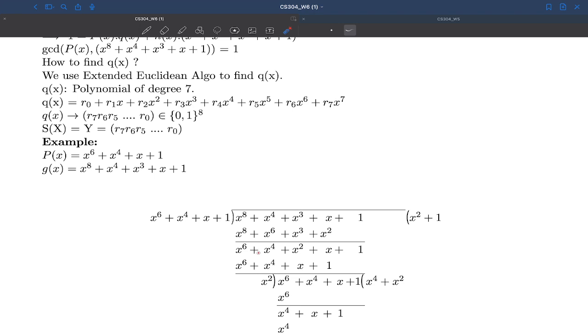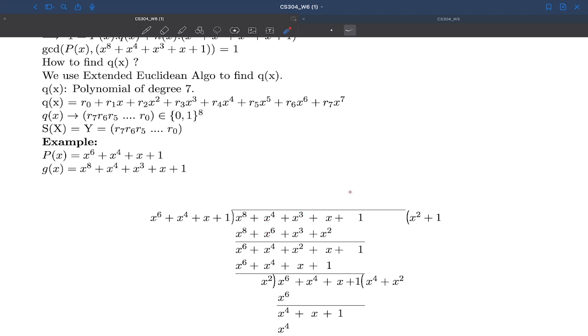But then you see that the coefficient can't be minus 1, so under modulo 2 you will make them 1. So you will get this only. Instead of going through the subtraction way of division, what you can do is just directly add them. Then also you will get the same answer. Now x^8 plus x^8 will be 2x^8, and 2 will become 0 under modulo 2, because the coefficients of these polynomials are taken from the field F2. In F2 we have only 0 and 1. So 2 after taking modulo 2 will become 0.